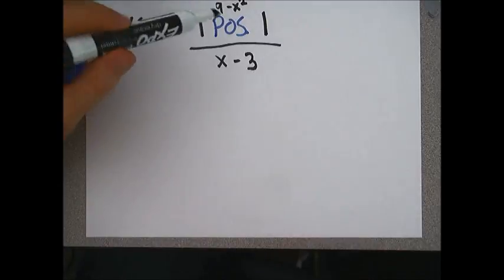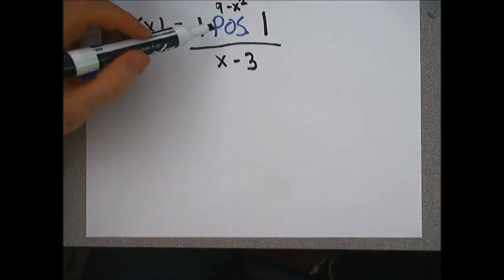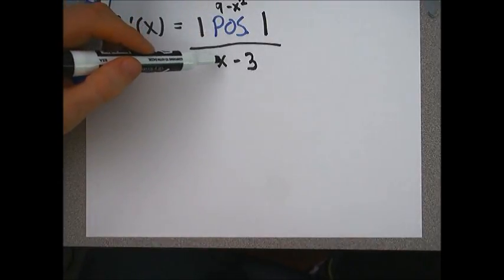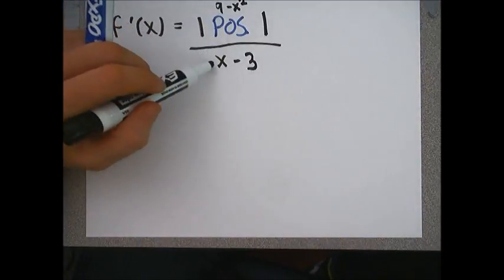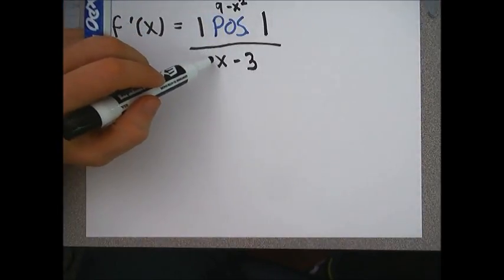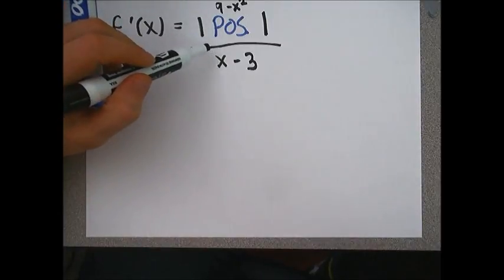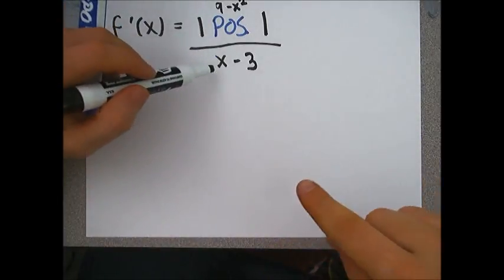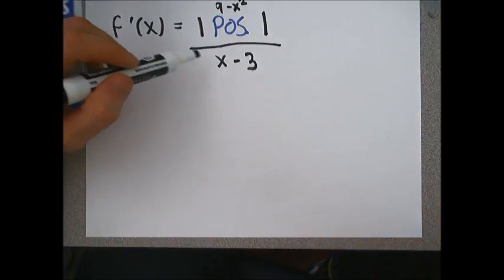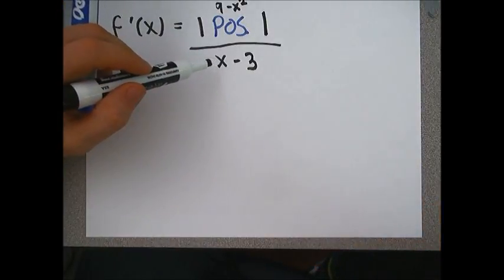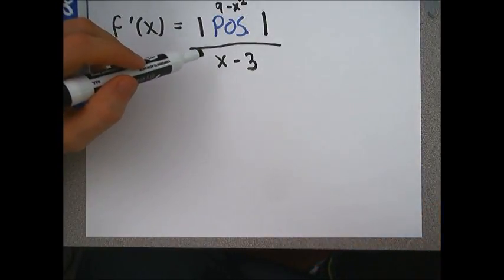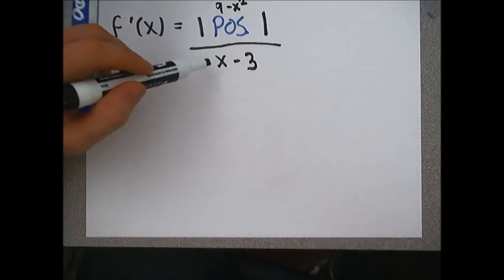So start thinking about numbers you can plug in. No matter what, the top's positive. If I plug in 10, I have some positive thing over 7. That's positive. If I plug in 5, still positive. 4, still positive. If I plug in 3, it all blows up. The bottom is 0, can't do that. What if I plug in 2? Now that's negative. If I plug in 1, that's negative. 0, you can go on forever, right?